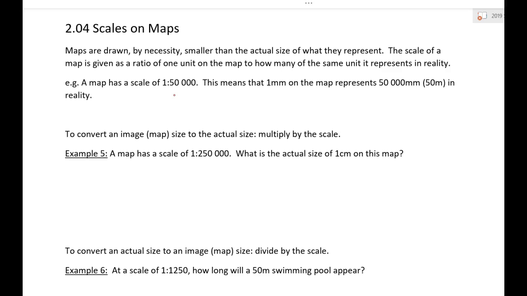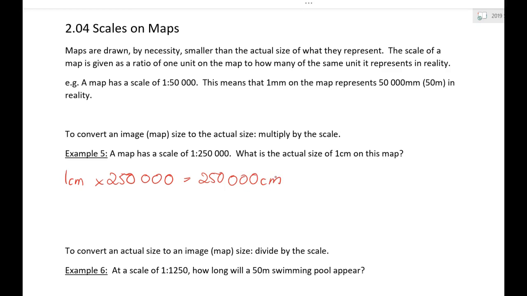Well, remember, we take the thing on the map and multiply it by that number, because it's going to be much bigger than 1 centimetre. So 1 centimetre times 250,000 equals 250,000 centimetres.